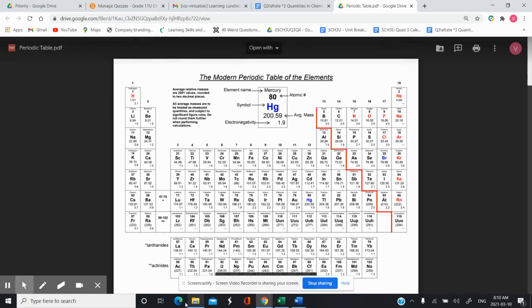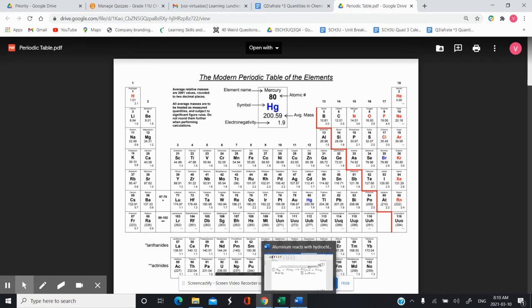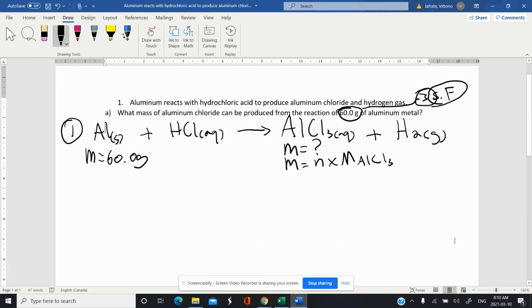And we have 133.33 as the molar mass. So I'm just going to write that as a little note here that the molar mass of aluminum chloride is 133.33 grams per mole.